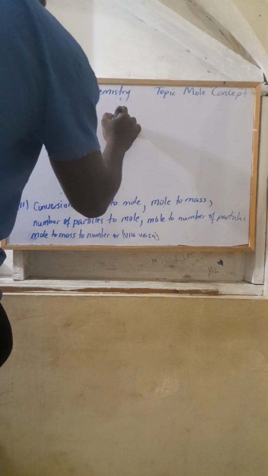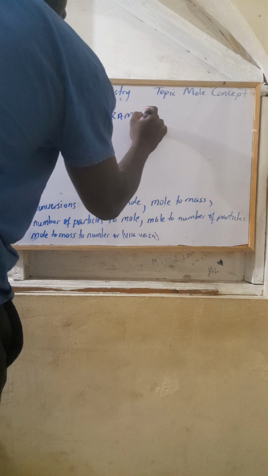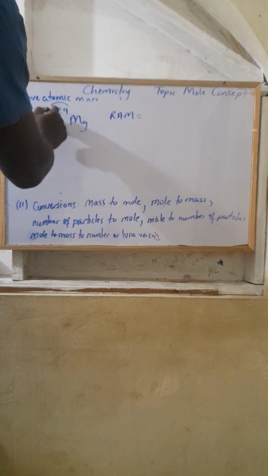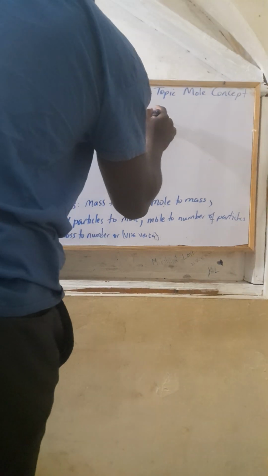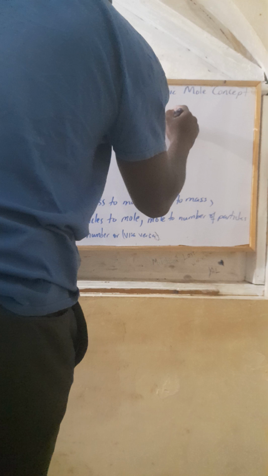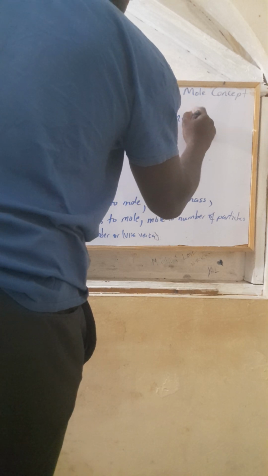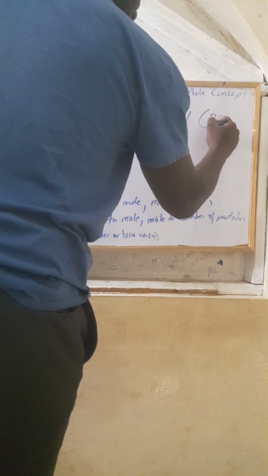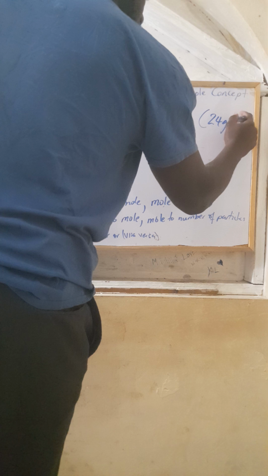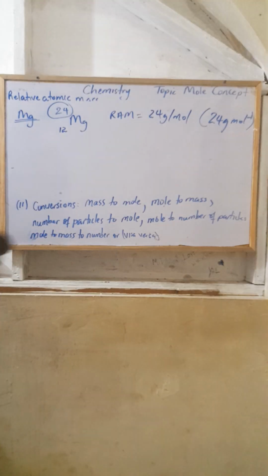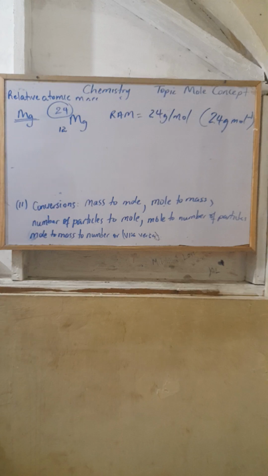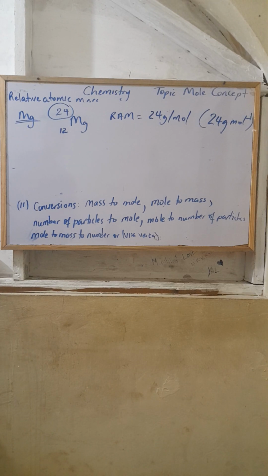Again, the relative atomic mass would be equal to the mass number, the mass of one mole of that atom of magnesium. So it would be 24 grams per mole. And as I said, I like to write it both ways for persons to understand that they can write it both ways. All right? So whichever way you choose to write it, it is correct.